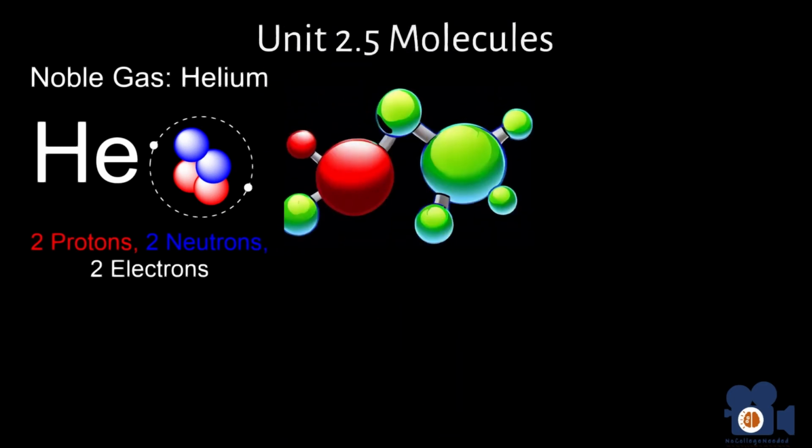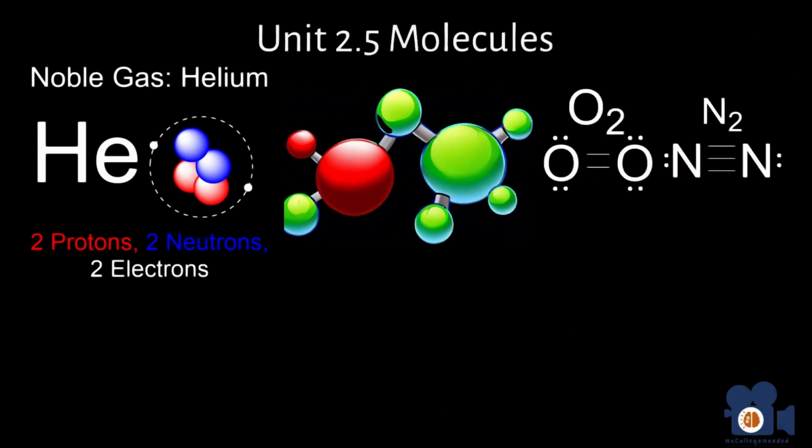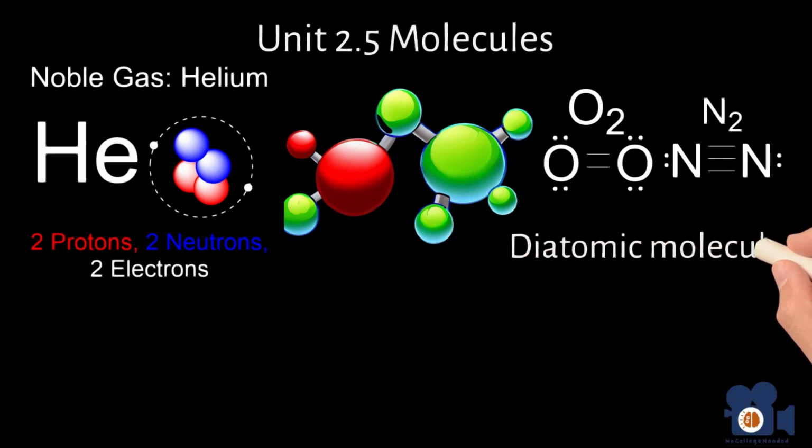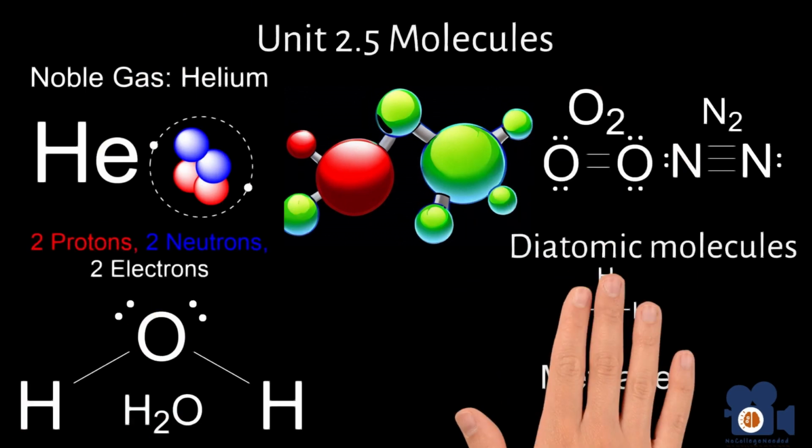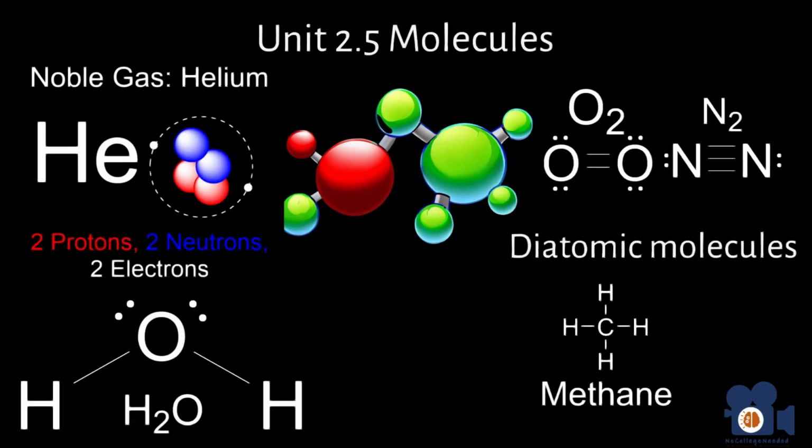This molecule can be made of the same element, such as oxygen or nitrogen, which we represent with their chemical formulas O2 and N2 respectively, and call diatomic molecules. They can also be a mixture of elements, which we call molecular compounds such as H2O, water, and methane, CH4.